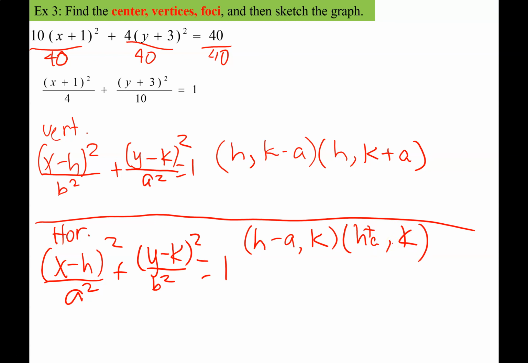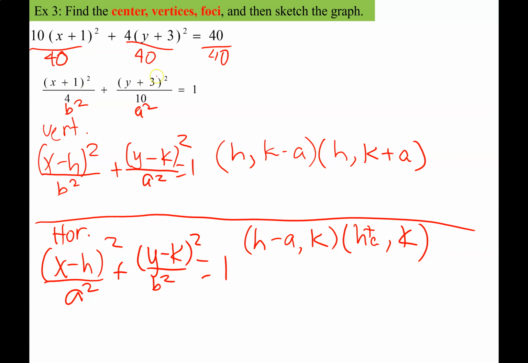All right. And for us, we need to identify our a squared and our b squared. So our a squared is going to be 10. Our b squared is going to be 4. And again, we want to take the square root of both the 10 and the 4 to get a and b. And then we're going to substitute in here in order to get the vertex. So right now, I need to identify the center as well.